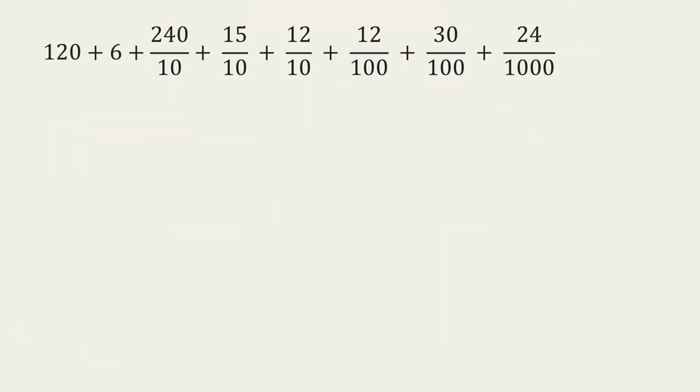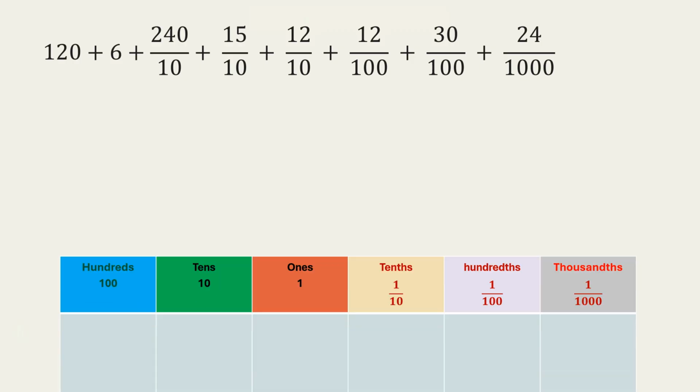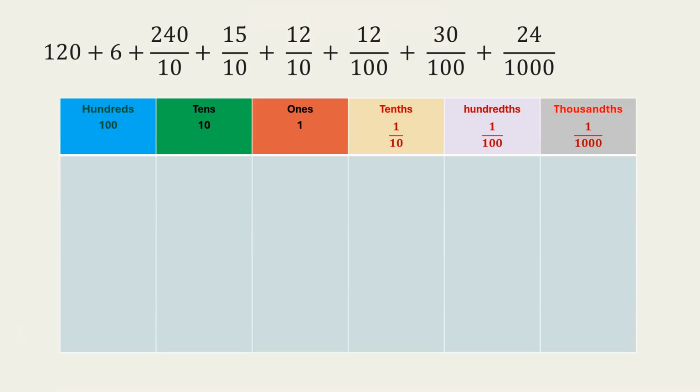So what if we put this in a place value chart so that we can have a way of visually displaying the information so it's not seeming so hard? Okay, so 120 plus 6, I would say 126. So that would be 100, 210, and then 6, right?